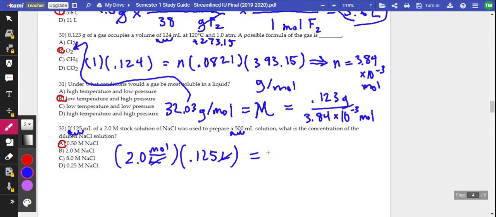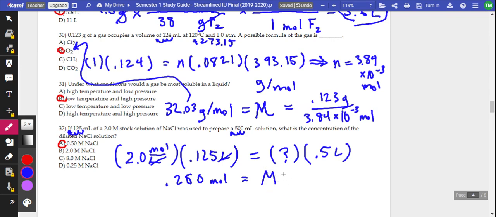So I could use that to figure out how many moles there are. After we dilute it, I had some unknown concentration, but the number of moles should still be the same, and that should now be in 0.5 liters of solution. So all I have to do is solve the math. I take 2 times 0.125, which should be 0.250. My units should be moles, equals this question mark, my molarity I haven't figured out yet, times my 0.5 liters.